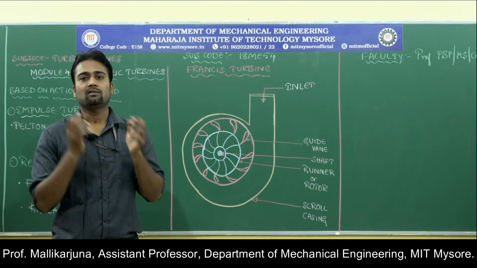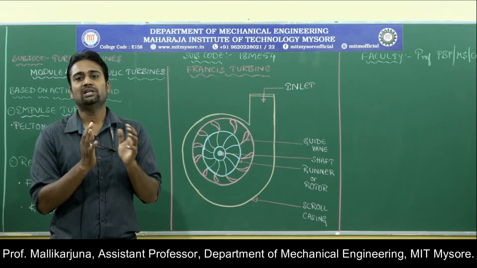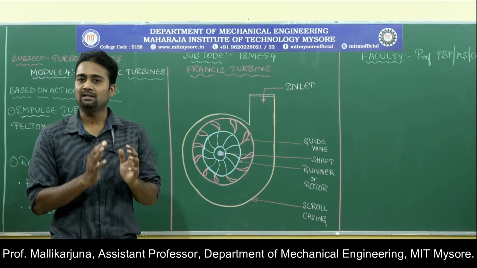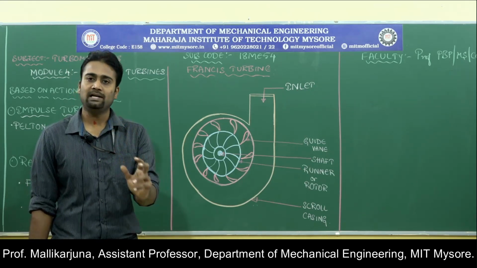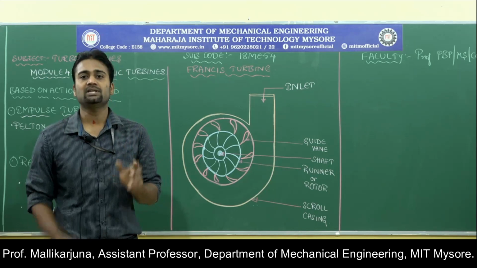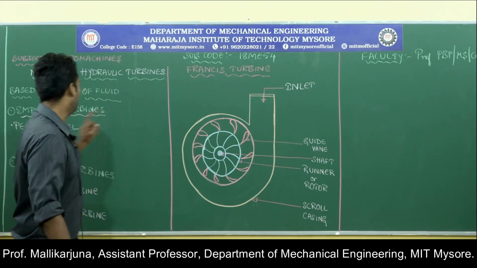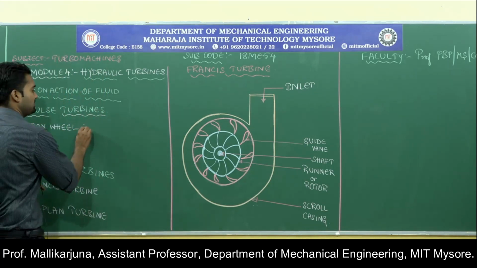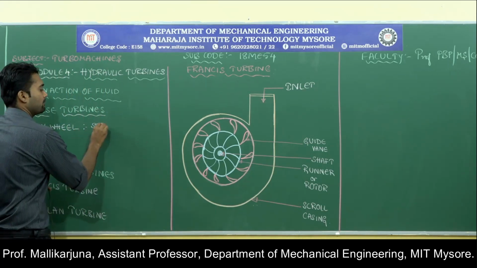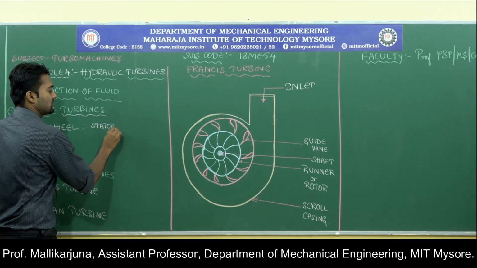The head, or the potential energy possessed by the water, will be completely converted into kinetic energy in the stator of the machine. In case of the Pelton wheel, the stator is nothing but the nozzle.